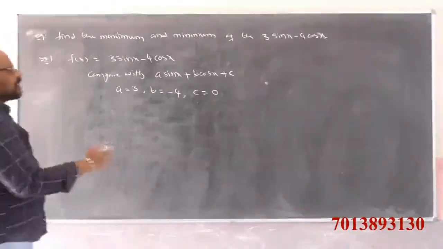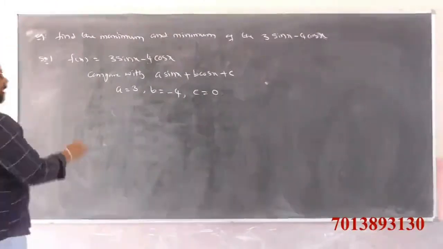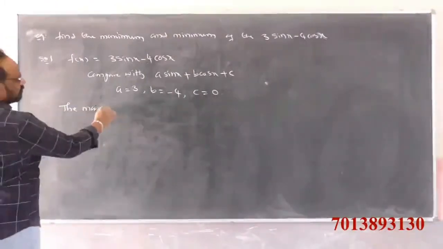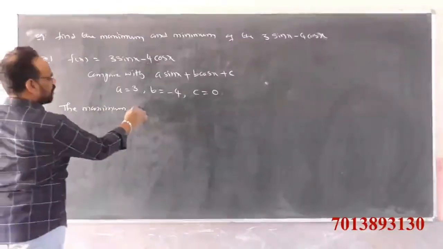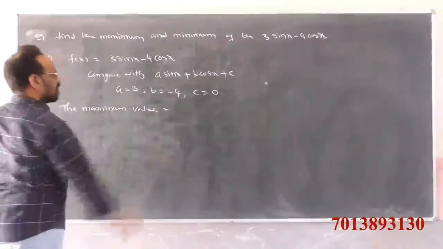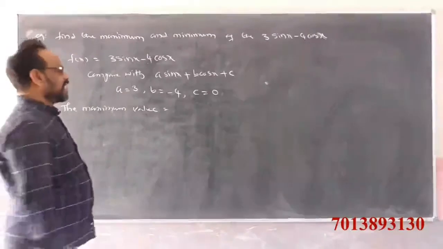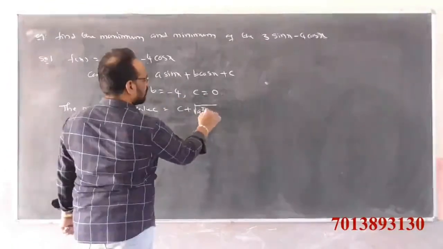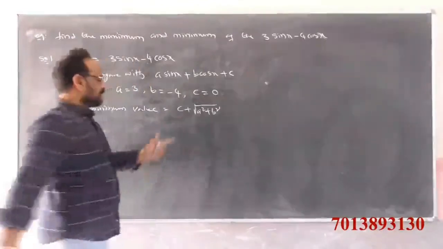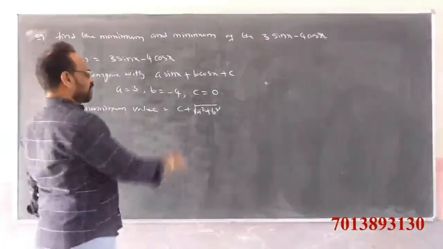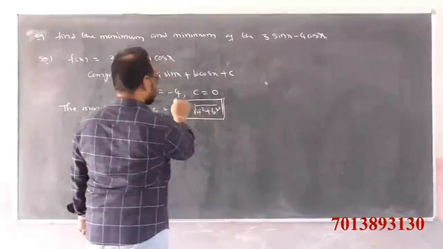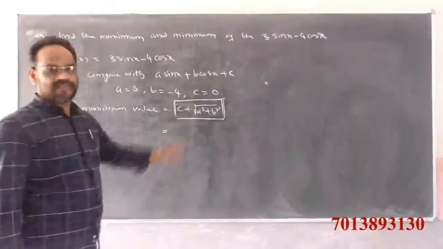So we want the maximum value first of all. We already know that the maximum value of this function is c plus square root of a square plus b square. What is the value of c?